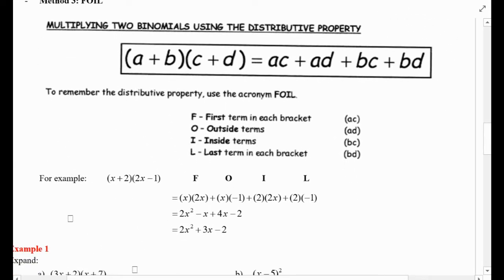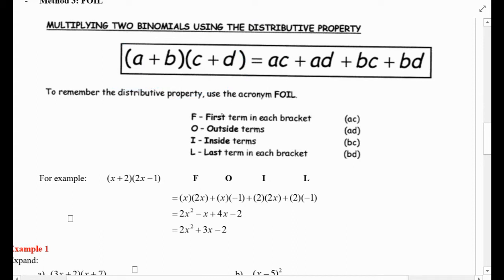All right, so we can use algebra tiles or box models, but we can also use the distributive property. So you should be able to solve this without using those models, right?